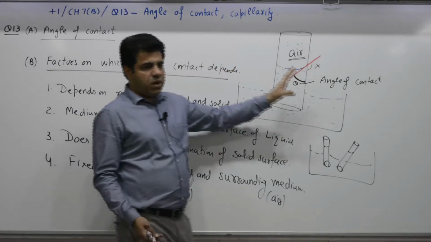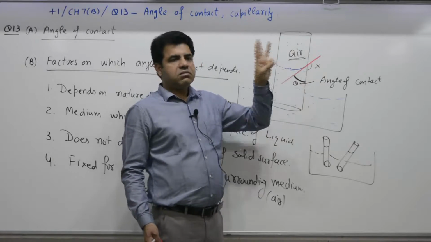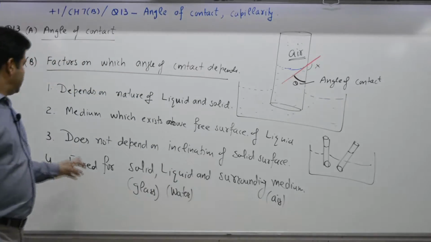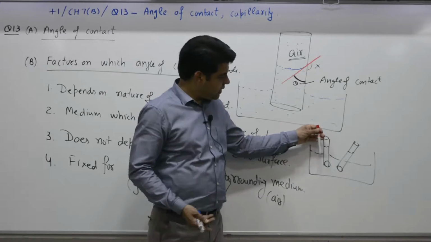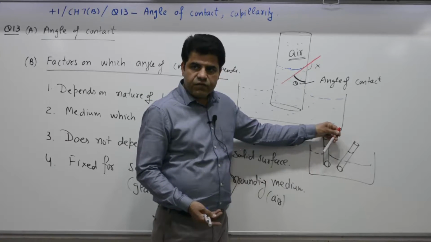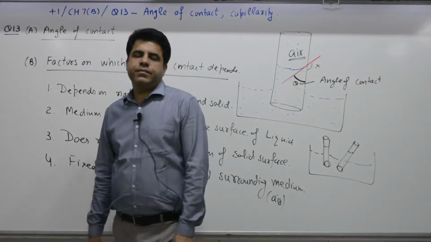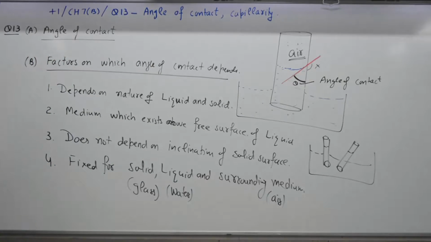For this example, water, glass, air, 3 factors will decide angle of contact. It does not depend if you change the capillary pipe to a certain angle. If you change it, this angle of contact remains the same. Time with you is 4 minutes to write this.